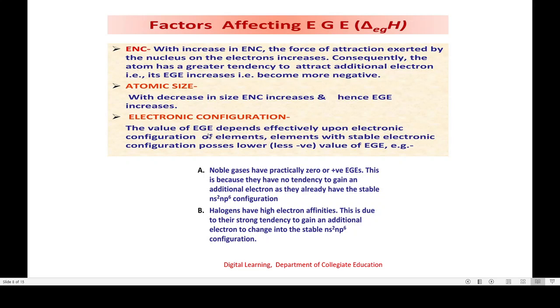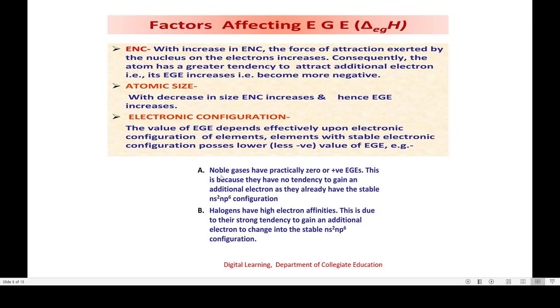The value of electron gain enthalpy depends effectively on the electronic configuration of elements. For example, the elements with stable electronic configuration possess lower or less negative value of electron gain enthalpy.